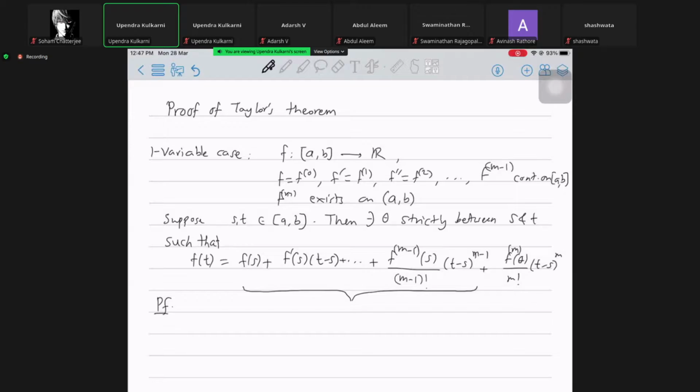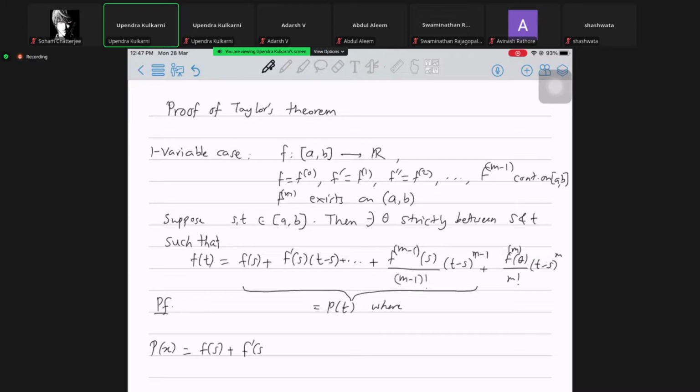Okay, so this is equal to p of t, where p of x is, I use the exact same expression except I replace all the t's with the variable x. So what is this?